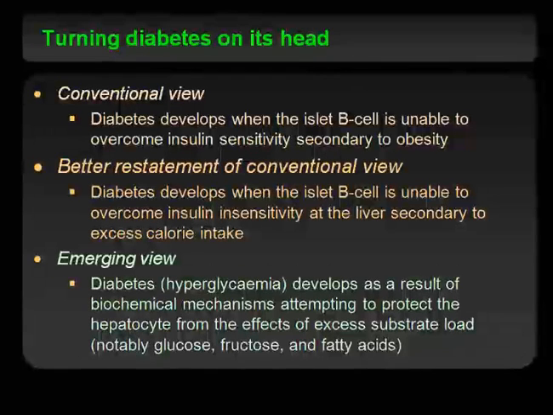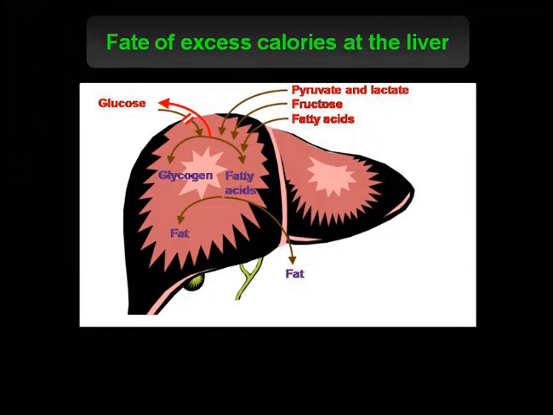A restatement of that view, that islet B cell function is unable to overcome insulin sensitivity at the liver, secondary to excess calorie intake. But perhaps better stated, that it develops as a result of biochemical mechanisms attempting to protect the liver, the hepatocyte, from the effects of excess substrate load, notably glucose, fructose, and fatty acids.